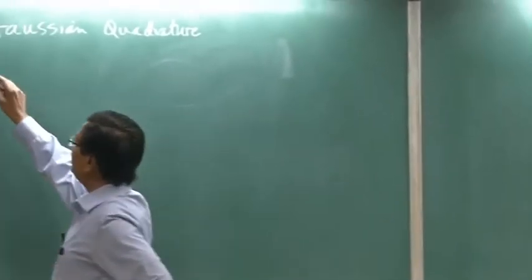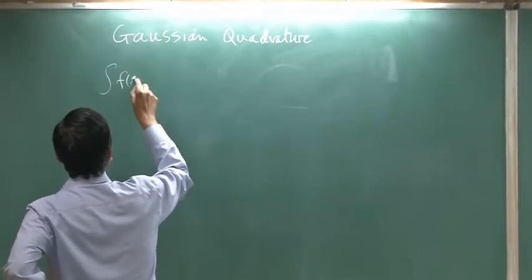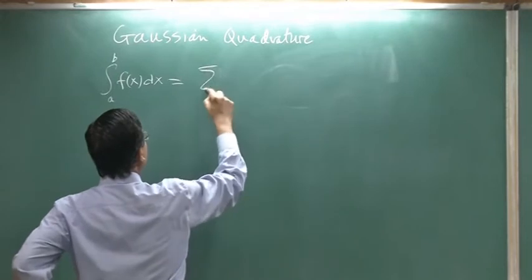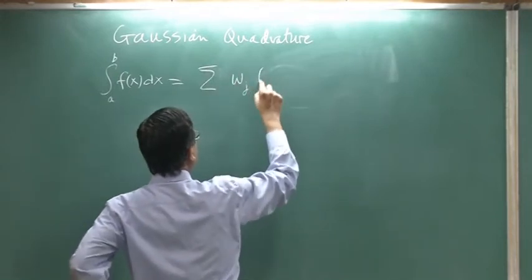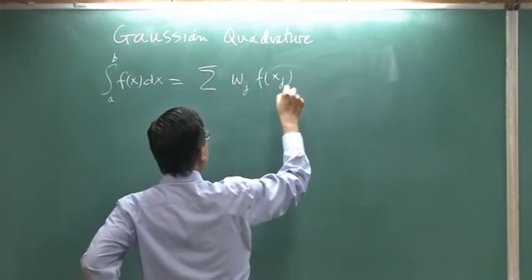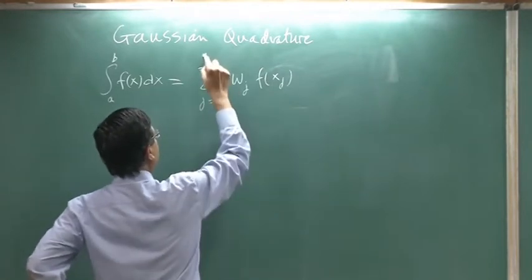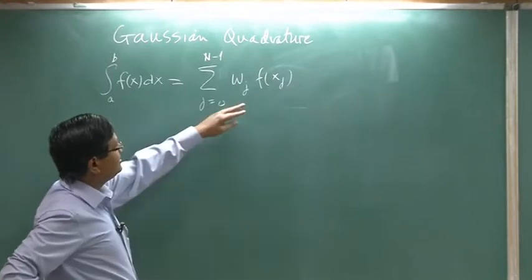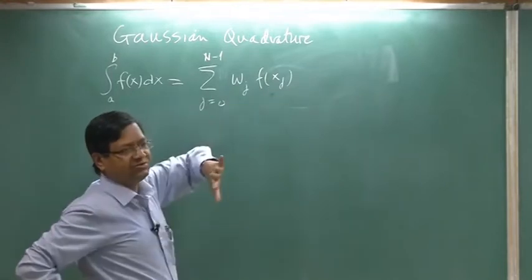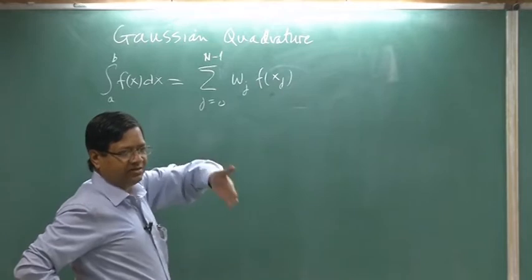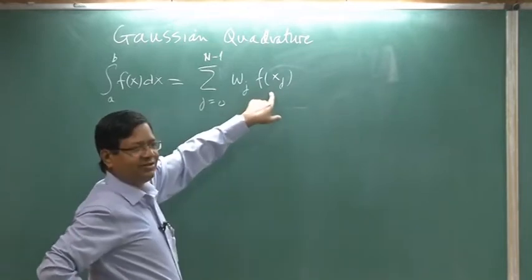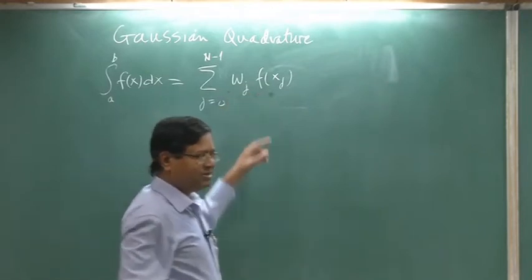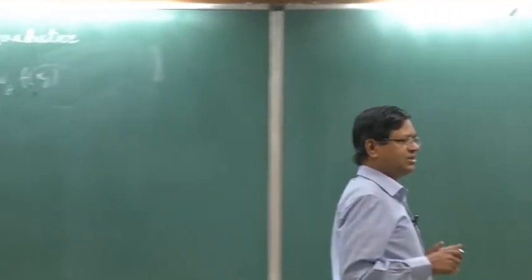In this method we approximate the integral of f(x) dx from a to b as the sum of w_j f(x_j), j going from 0 to n. So for this method x_j and w_j both are unknowns. In the last class, x_j was known, so I only computed w_j, but in today's class I will keep both x_j and w_j unknown.